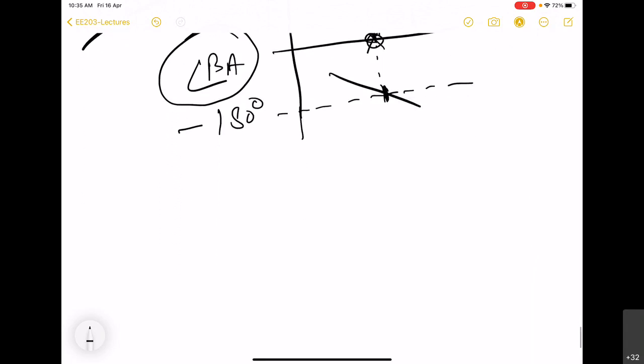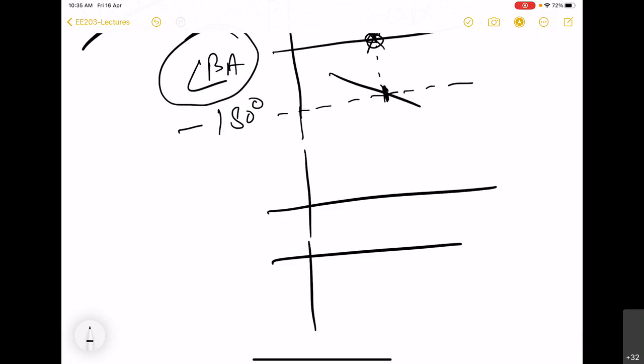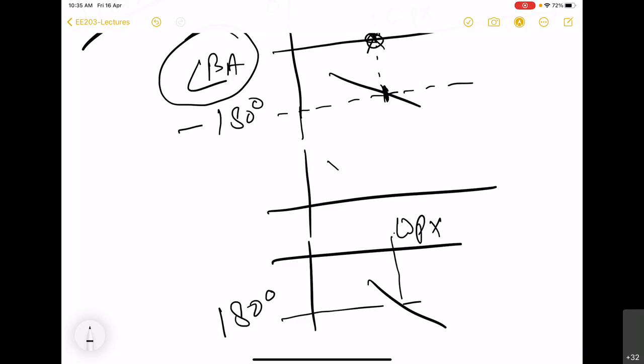Now if you see a different case where we have this as the 180 degree, that means this is omega px, phase crossover point, and then we have this kind of response for the magnitude. So now this omega gx is smaller than omega px.